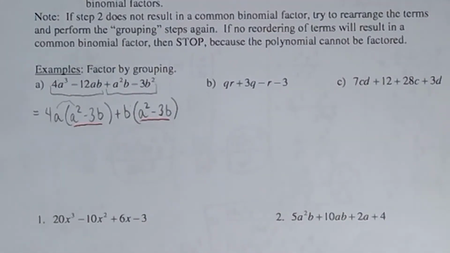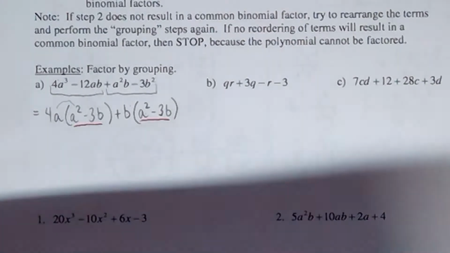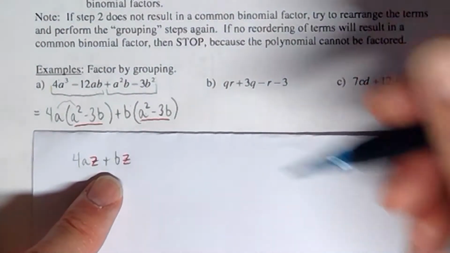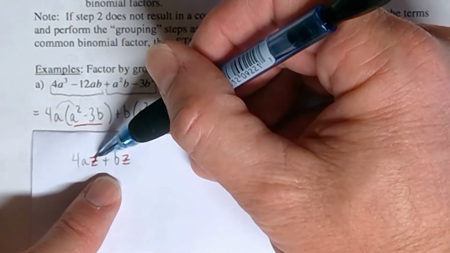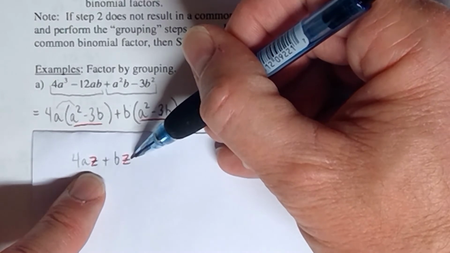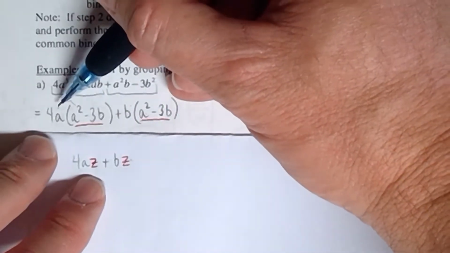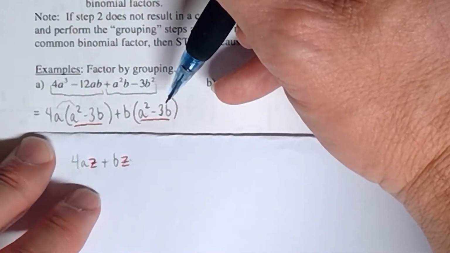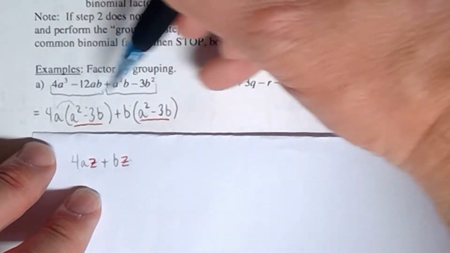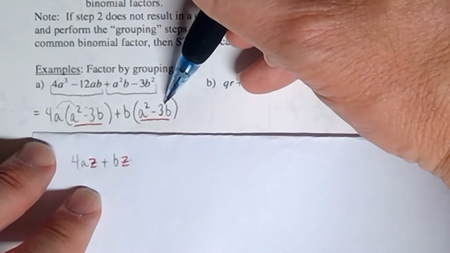Before I show you the next step, though, I want to make a point here. Look at this side example that I wrote down here. See how I've got 4a times a variable and then plus b times the same variable there, which I highlighted in red? It's the same kind of thing going on in this problem. It just looks a little more complicated. We have 4a times a bracket plus b times the same bracket.